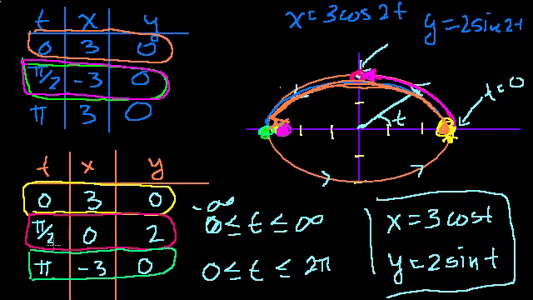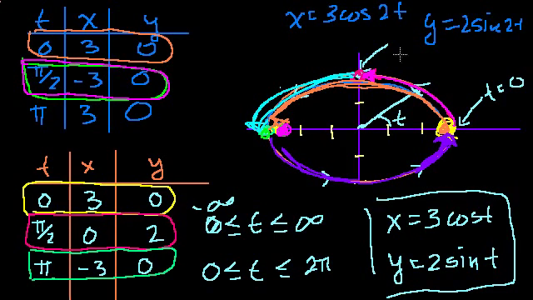And likewise, when we went from t equals pi over 2 to t equals pi with this set of parametric equations, we went another quarter of the ellipse. We went from there to there. But here, when we go from t equals pi over 2 to t equals pi, we go all of this way. We go back to the beginning part of our ellipse.